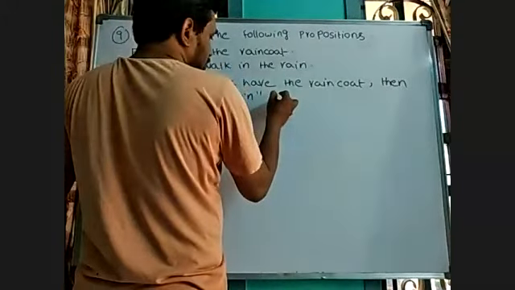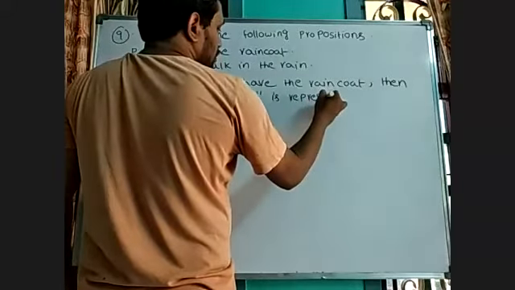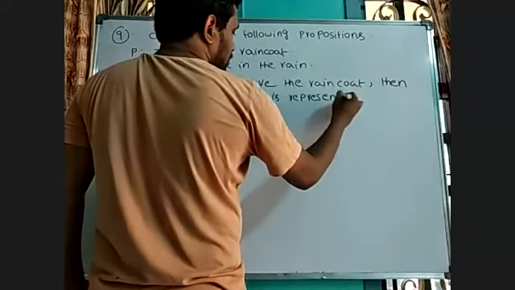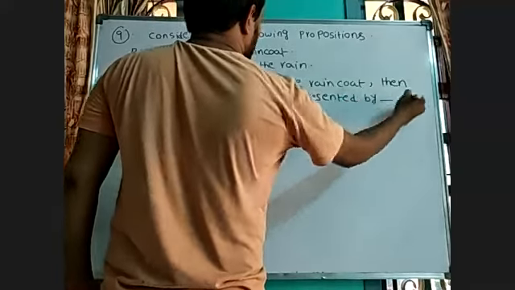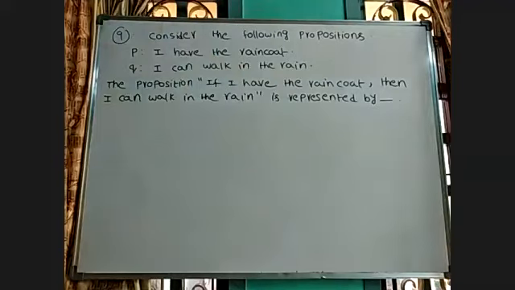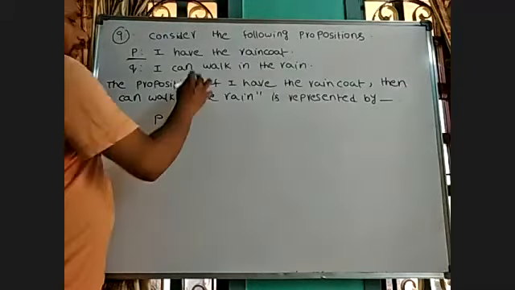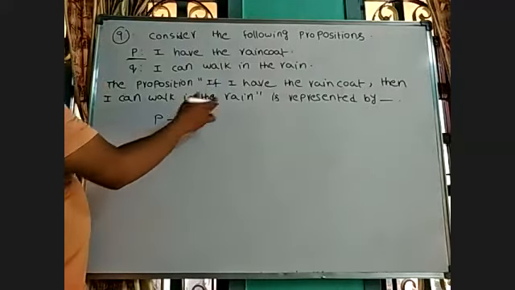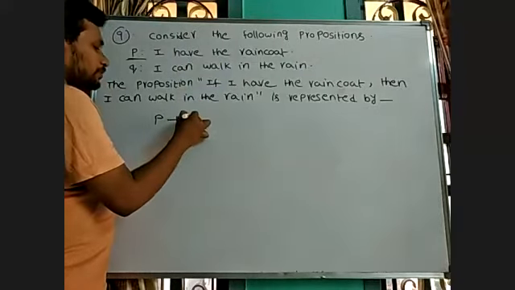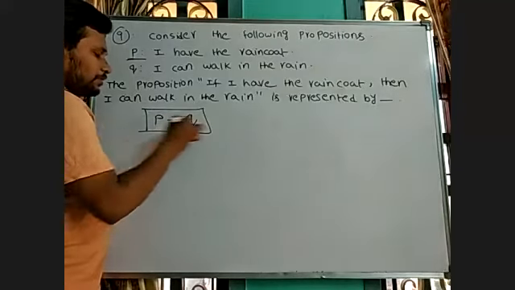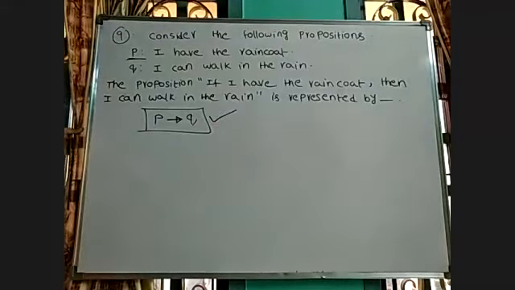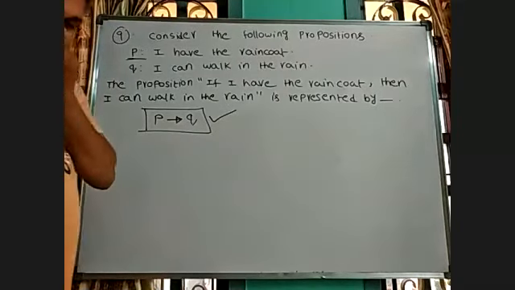Select the symbol. P, then means simply implication. This is the symbol. I can walk in the rain, this is Q. This is the answer: P implies Q. Option for question number 9 is option 1. Write it.